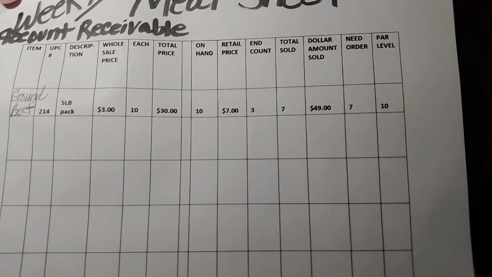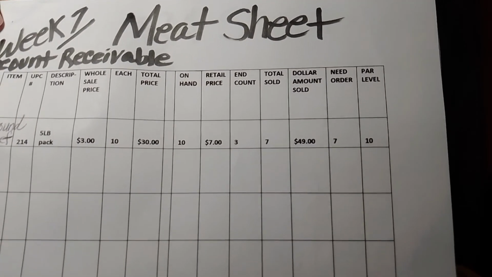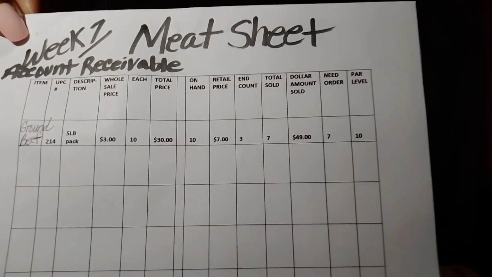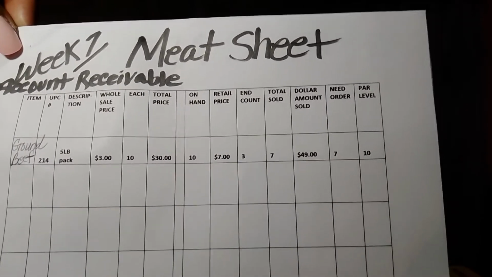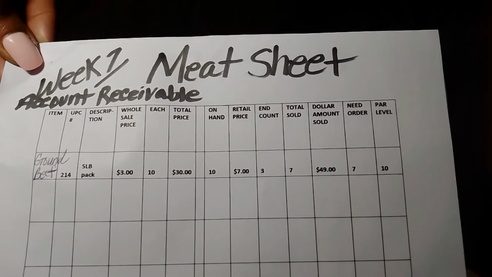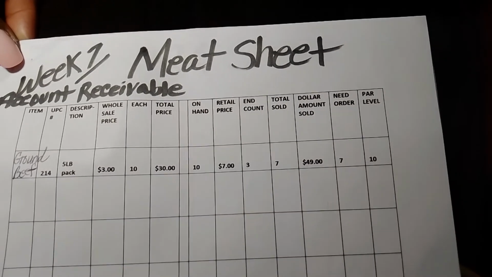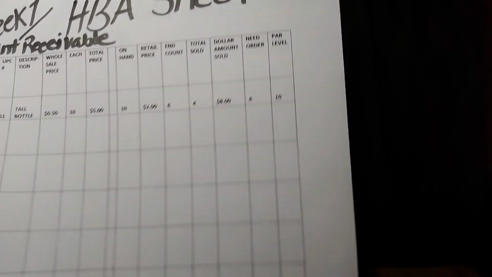So that means the dollar amount that you sold is $49 of ground beef, because you sold 7 and ground beef costs $7. Okay? So if you sold 7, you need to order 7 again. Okay? Because remind you, we're keeping 10 of everything in your store.